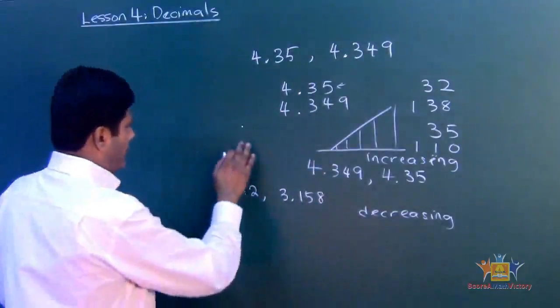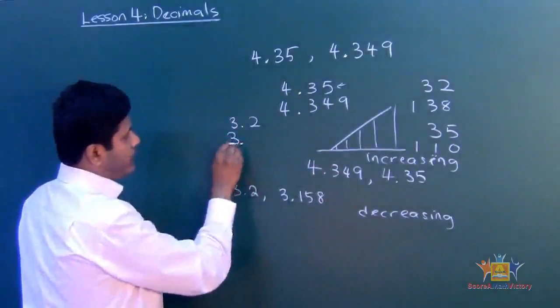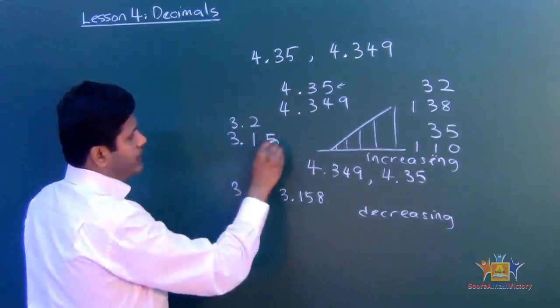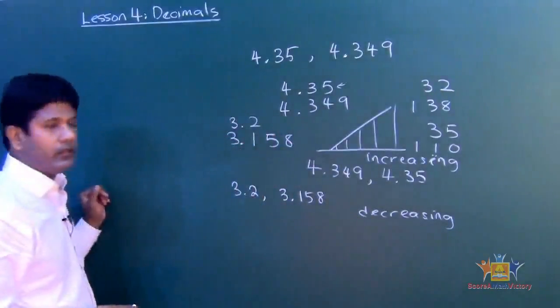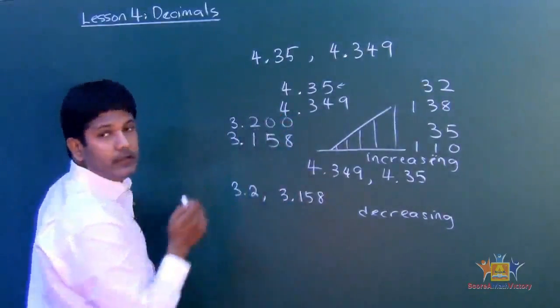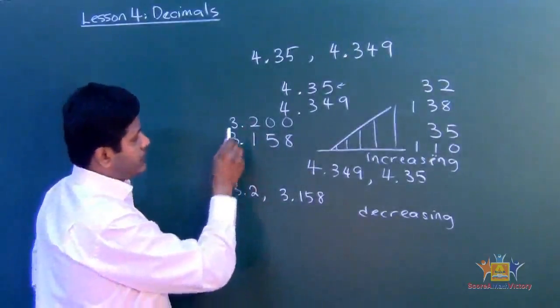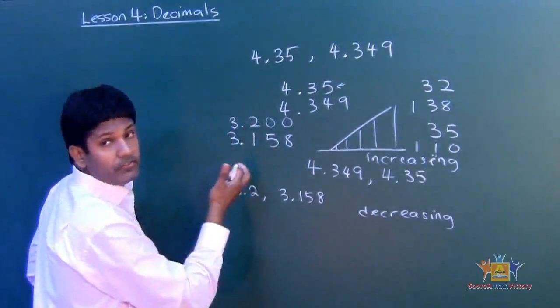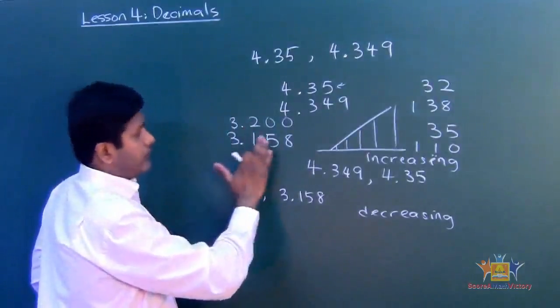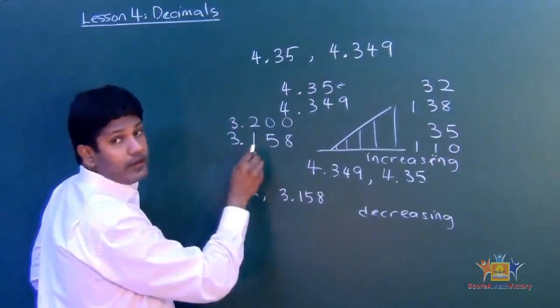Alright, so the moment I put the decimal, I take 3 and then 2, and then 3, 1, 5, 8. See that? Now you can add 0 behind this just to make the numbers line up together. Okay, now you compare. Start with the whole number. 3 and 3, both are the same. That means you still cannot decide who's bigger, who's smaller. 2 and 1, see that?